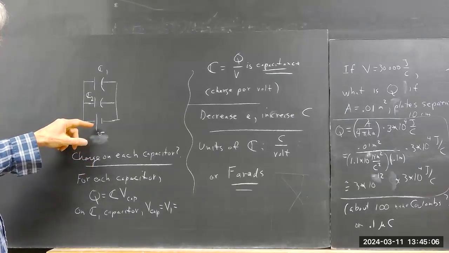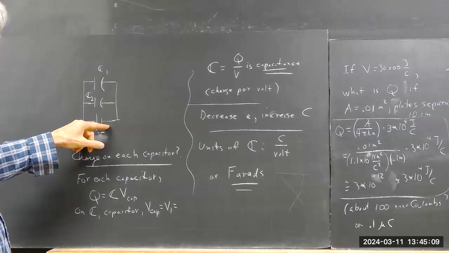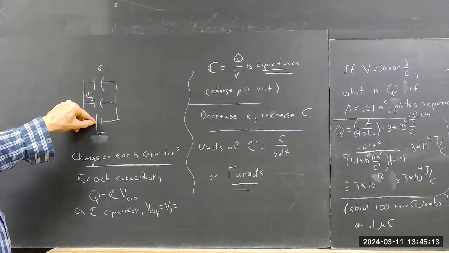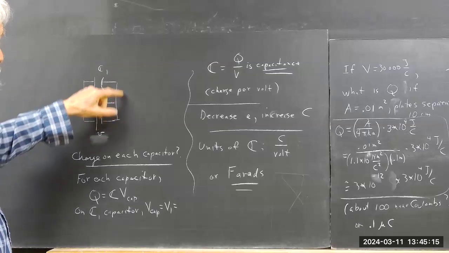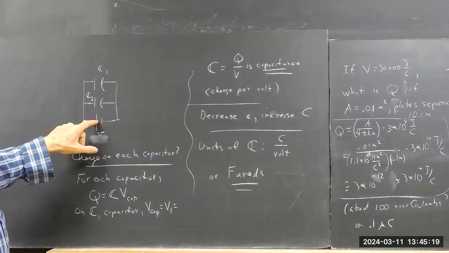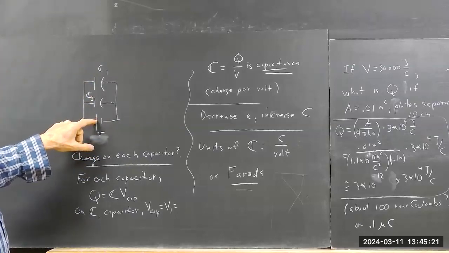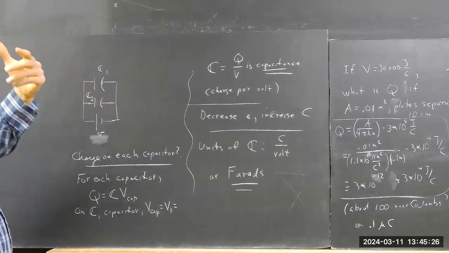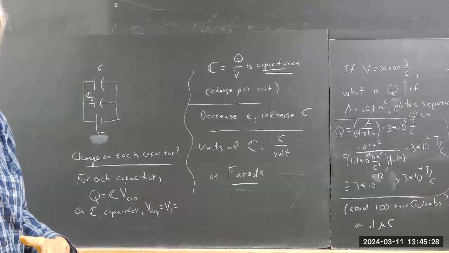V is your change in voltage as you go across here. If you go from here around to here, what's your change in voltage? Zero, because from here to here is just from here to here. It takes no work to get from here to here. By conservation of energy, the amount of work done is path independent.